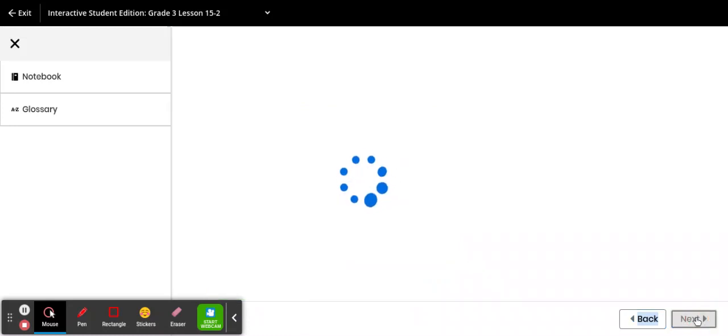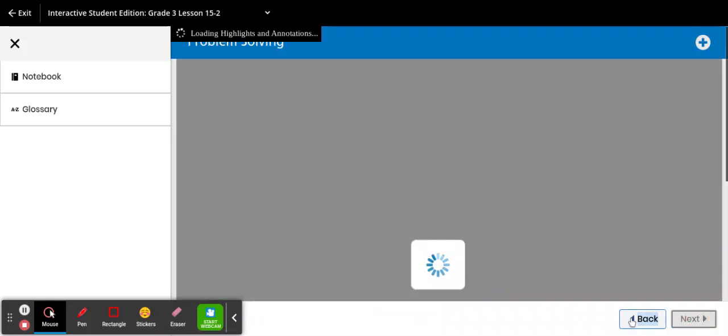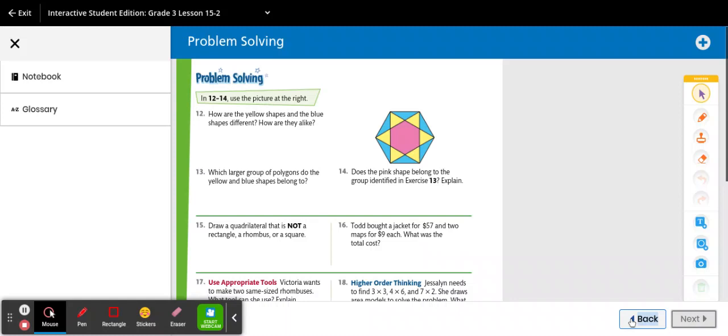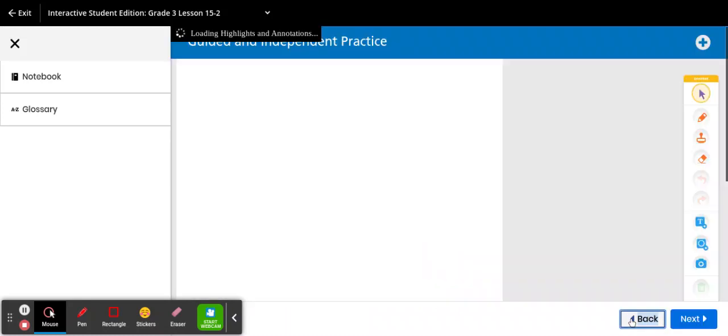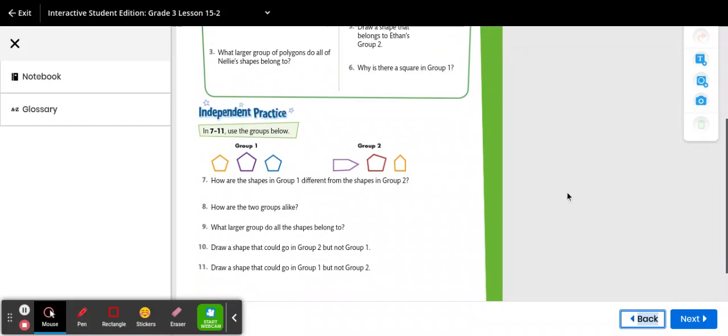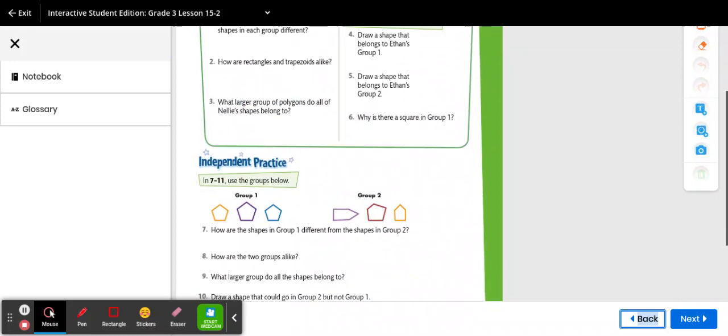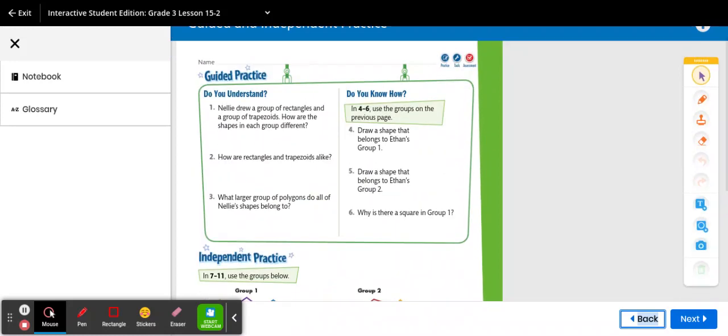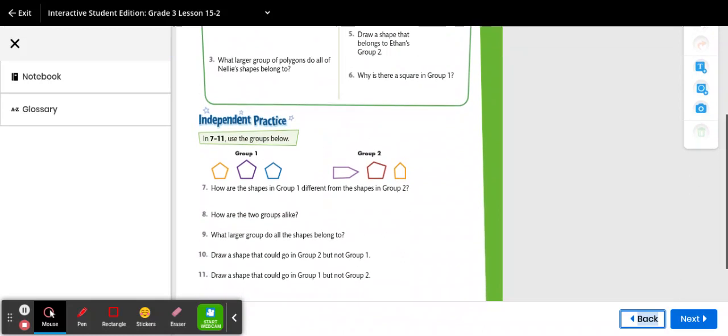I hope you're still here with me. Can you quickly turn to page 591? I think this is 591. Yes. Quickly turn there, and we're going to work the bottom part together.